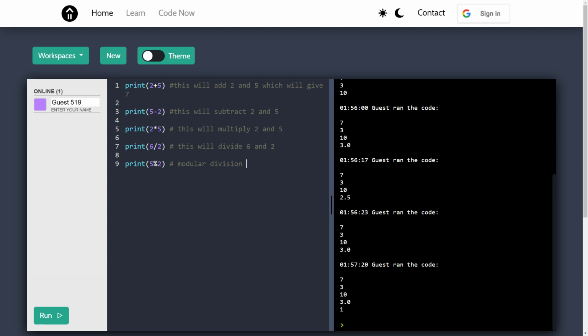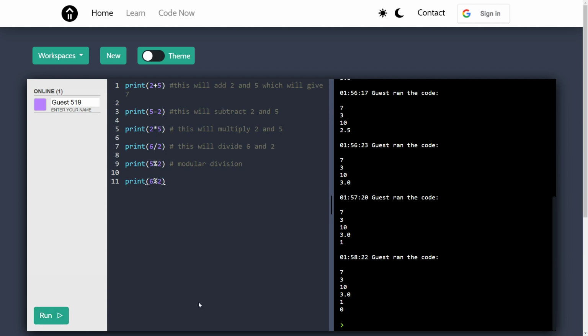Now I know that's very difficult for some people to conceptualize, so we'll do a few more examples. So print 6 mod 2. 0. The reason we get 0 is because these evenly divide. If I were to put a divide here, it would give me 3.0 as we figured out earlier.